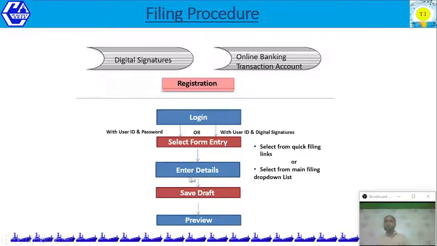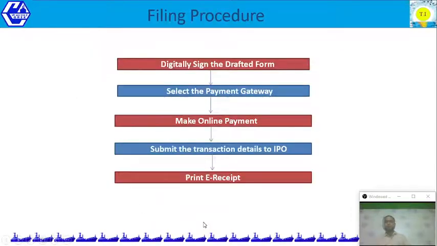Then save the form as a draft. After all the forms are selected, filled and saved in draft, you can go to the preview. In the preview, you can see if there is any error or not. If you find any error, then you have to correct it. You go and edit the form.